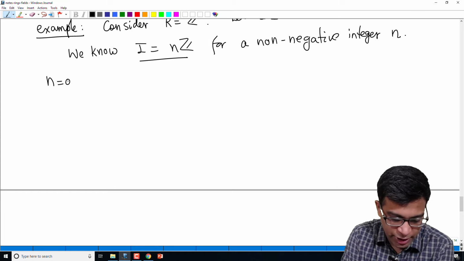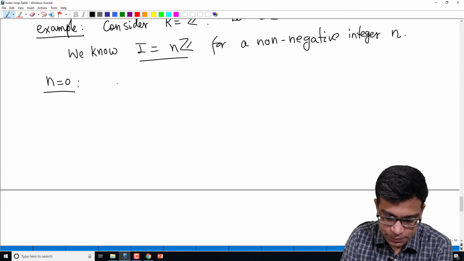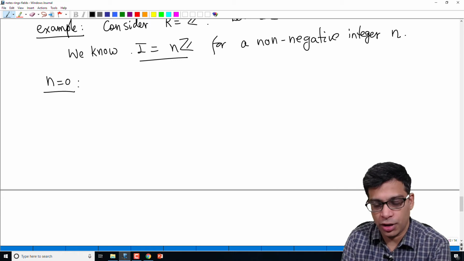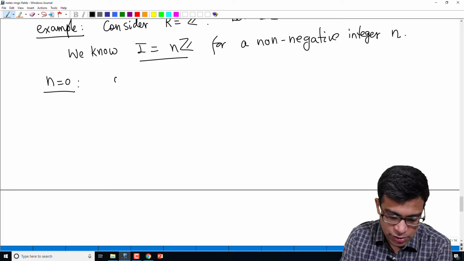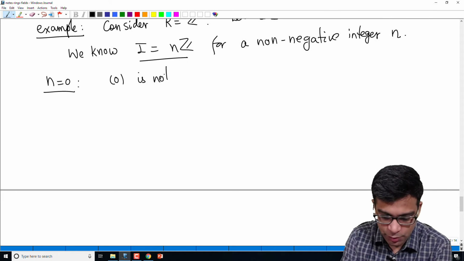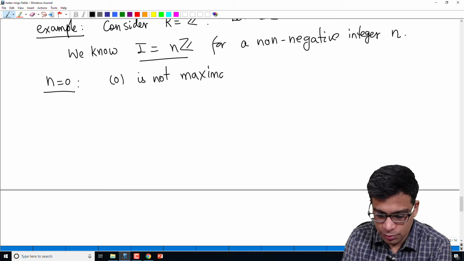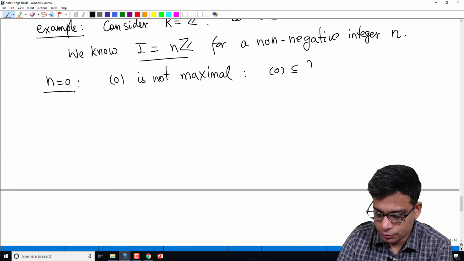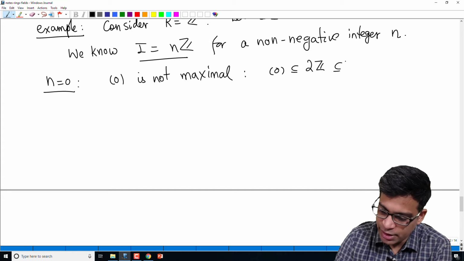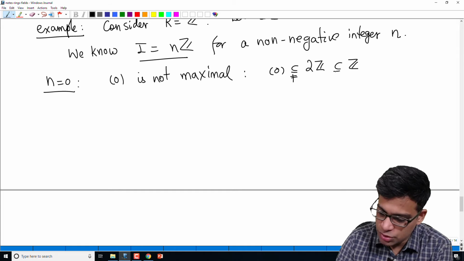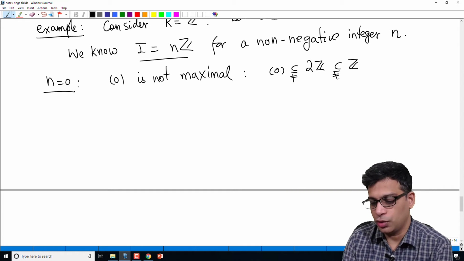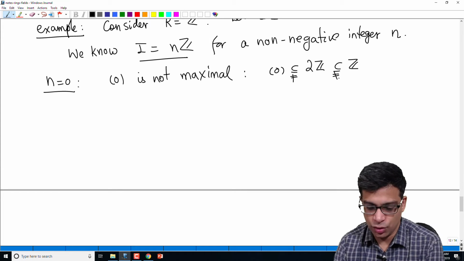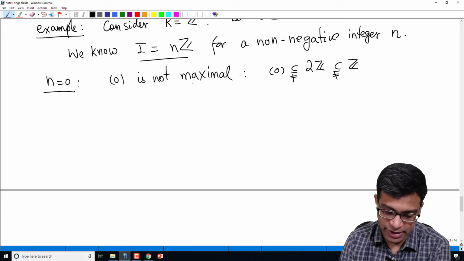So first consider n equal to 0. This is the obvious first case. Unlike the case of prime ideals, where the 0 ideal turned out to be prime, here it is not maximal. The 0 ideal is clearly not maximal. Why? Because the 0 ideal, for example, is contained in 2Z, contained in Z, and 2Z is not equal to 0, 2Z is not equal to Z. So there is an ideal which is strictly bigger than 0 and strictly smaller than Z. So it's not maximal.